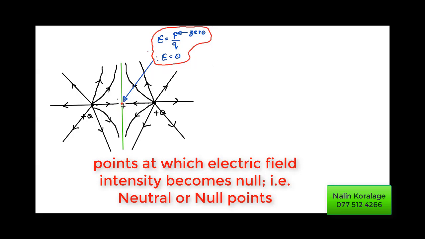Right. Time to define something. If the electric field intensity becomes 0 at a point inside a given electric field, such points are known as null points.